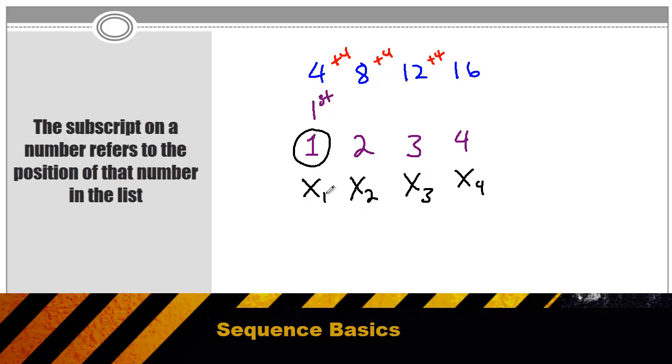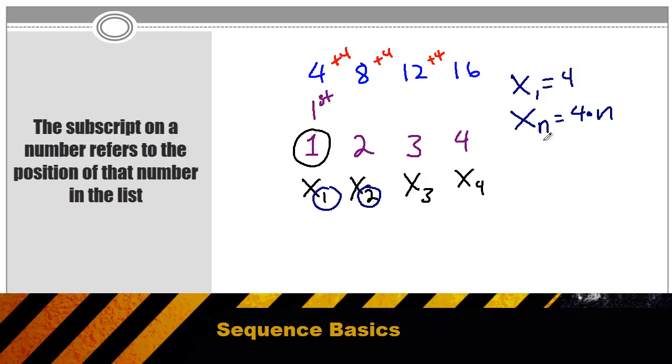And then when I try to describe the relationship between my numbers in the list, I can use variables for my subscripts. So in this sequence, I could start off by saying x subscript 1 is equal to 4. Or I could say x subscript some number labeled n is going to be equal to 4 times n.